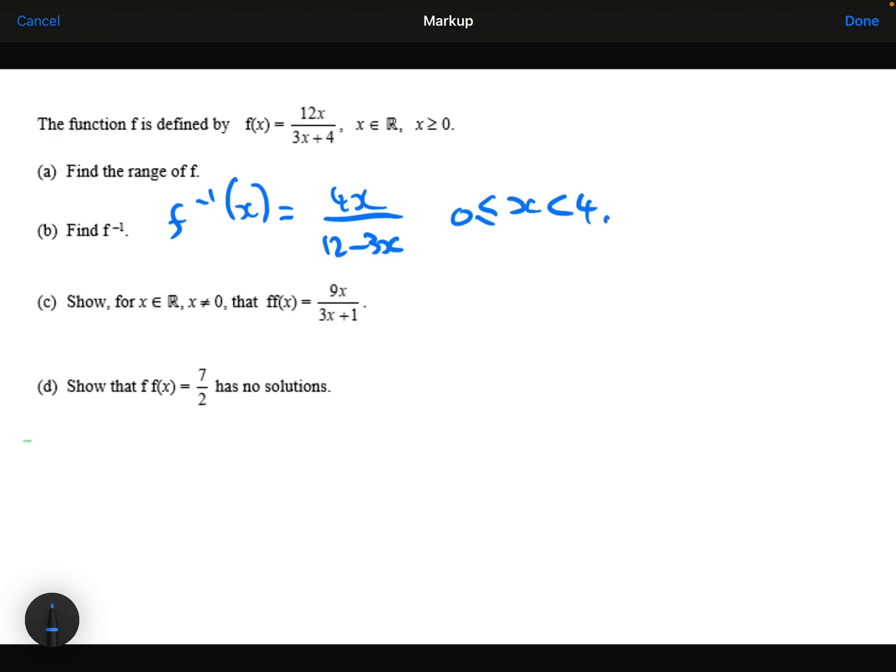Part C, we have to show that f of f of x is equal to 9x over 3x plus 1. So we want to substitute the f function into the f function. So I'm going to substitute this f function into the f function here and here.